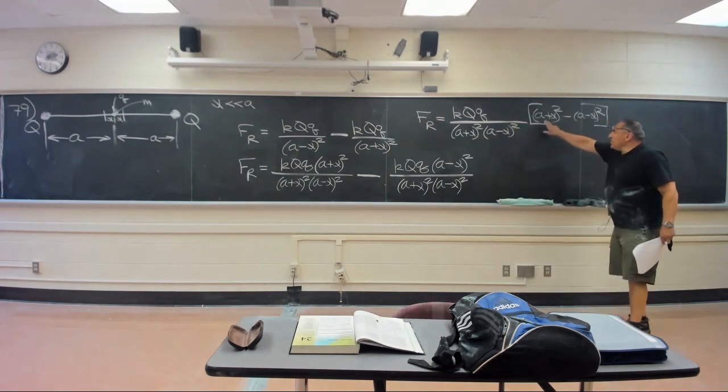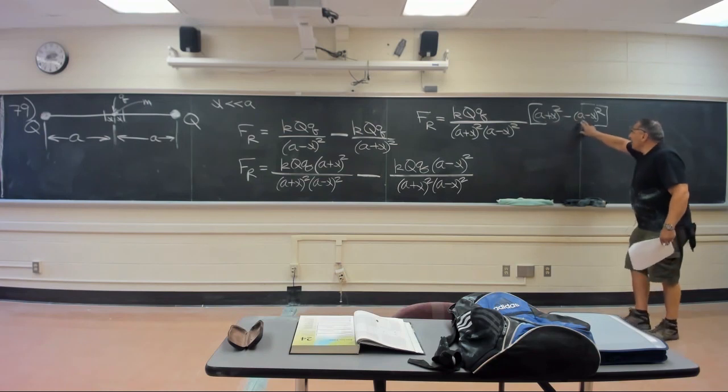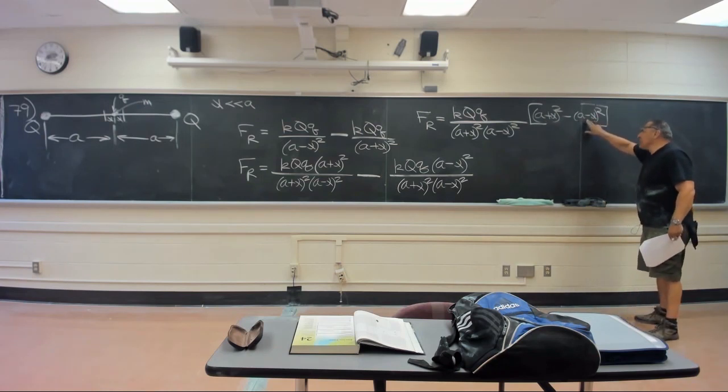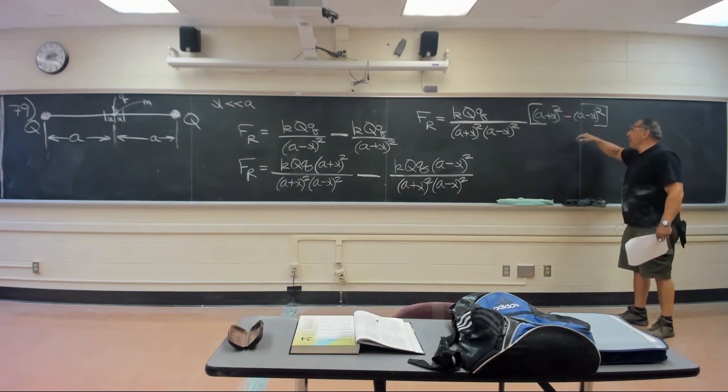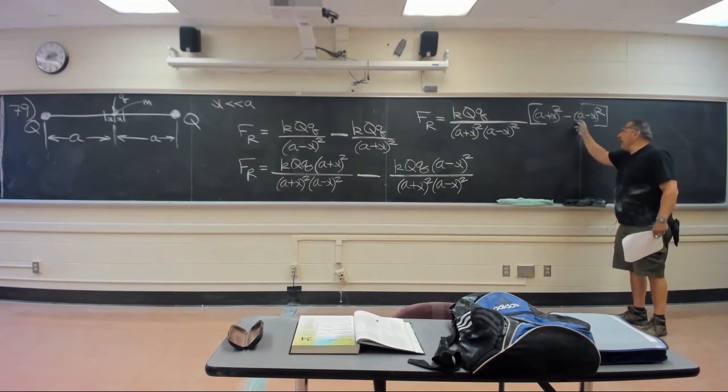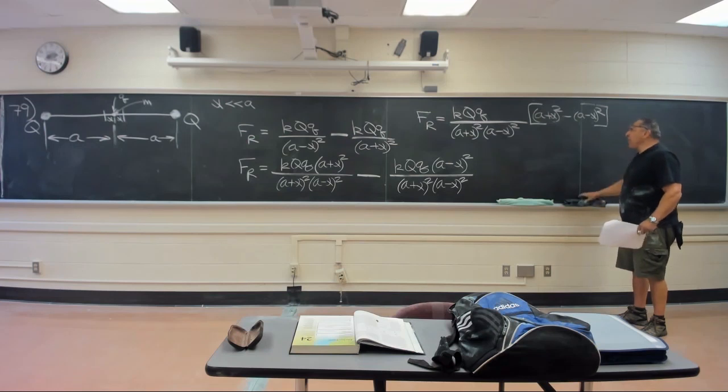Guys, this is a squared plus 2ax plus x squared. This is a squared minus 2ax plus x squared. The a squared and the a squared, when subtracted, are gone. The x squared and the x squared, when subtracted, are gone. The 2ax minus negative 2ax is 4ax.